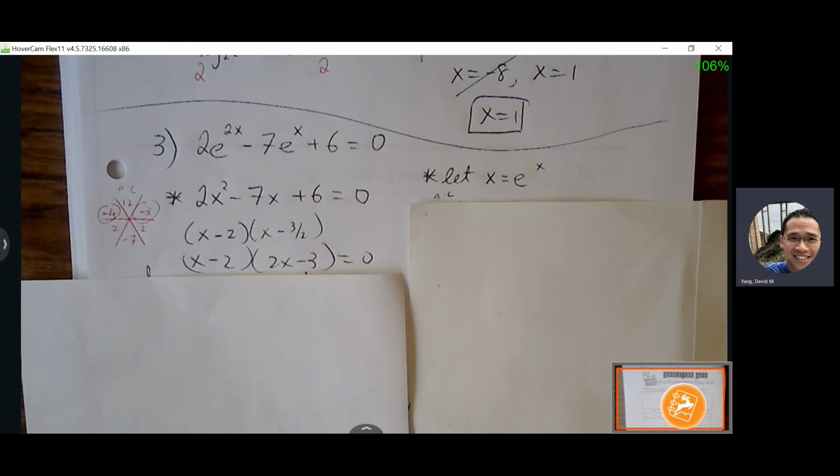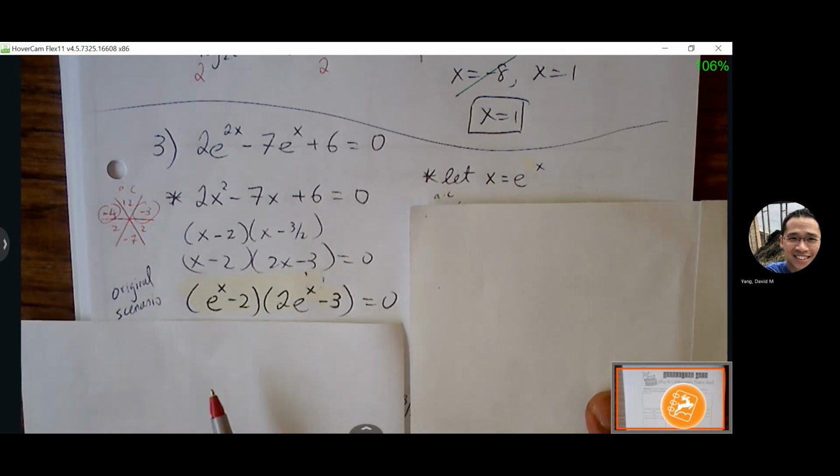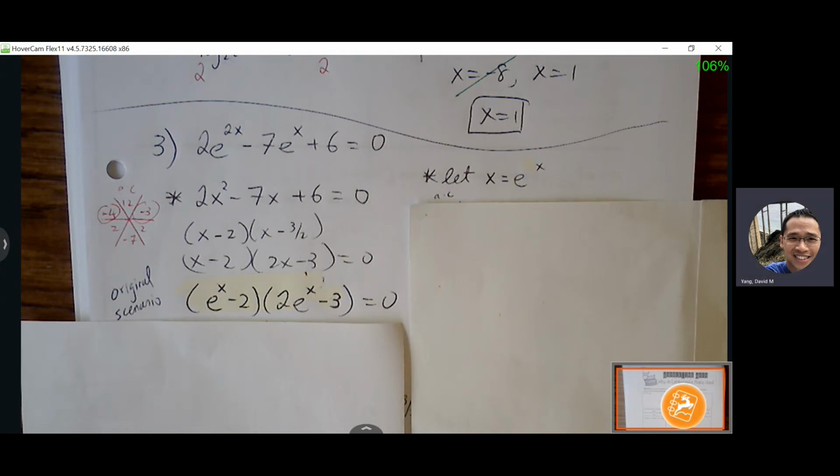So once I have my expression in factored form, then let's bring the original e to the x back. Okay, set both parentheses equal to 0.